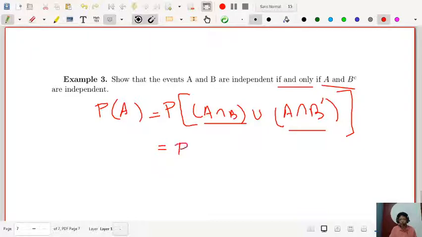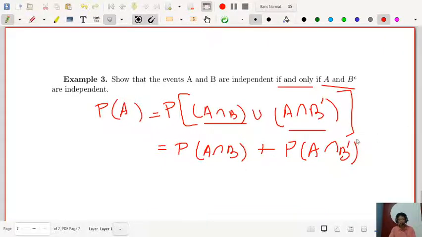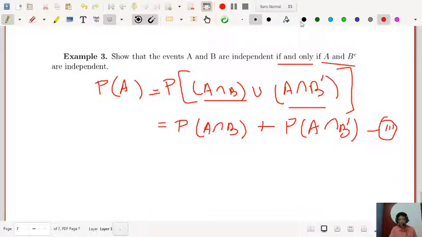So what we can write? We can write probability of A intersection B plus probability of A intersection B complement, and that makes sense, right? Because these two events are mutually exclusive. Now this is relation 3, because already I gave 1 and 2 as the relations. So let us now suppose that A and B are independent.